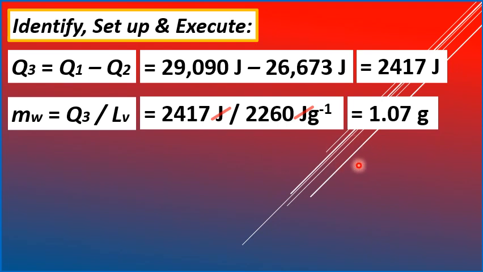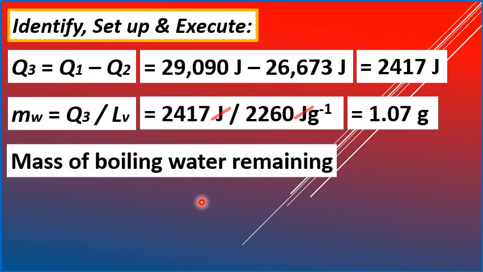And answering the given question, what is the mass of the boiling water that remains after the two substances have reached the thermal equilibrium temperature, which apparently is 100 degrees Celsius?